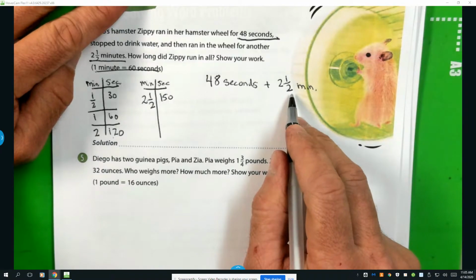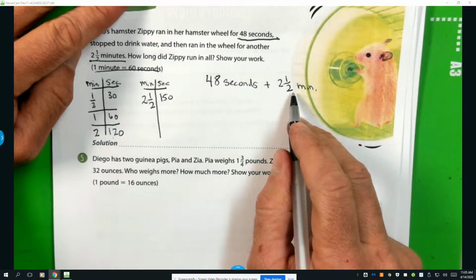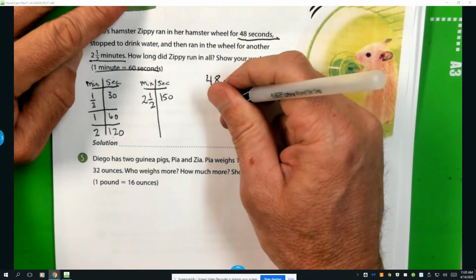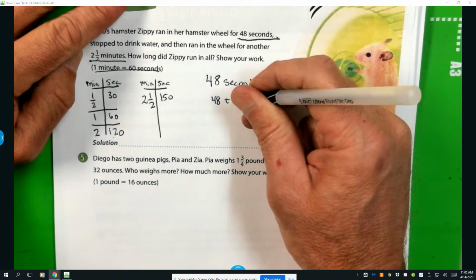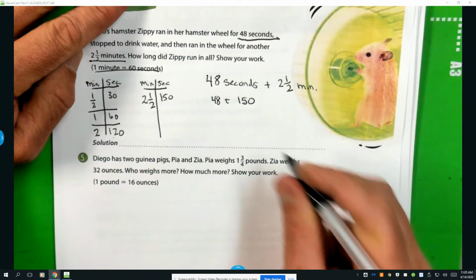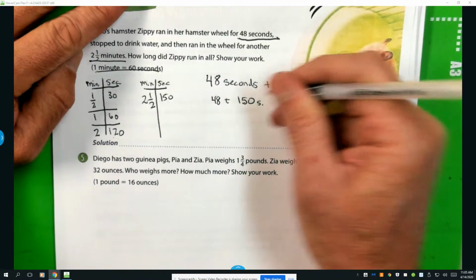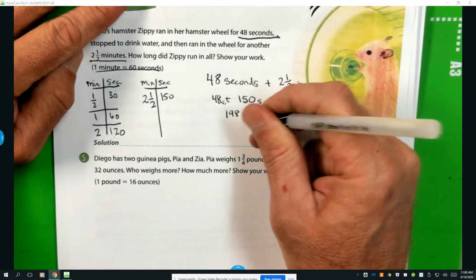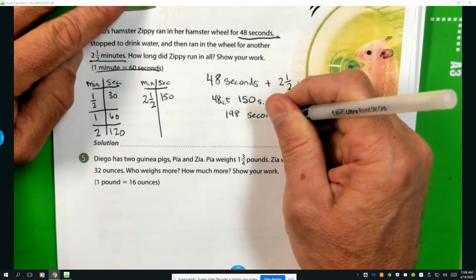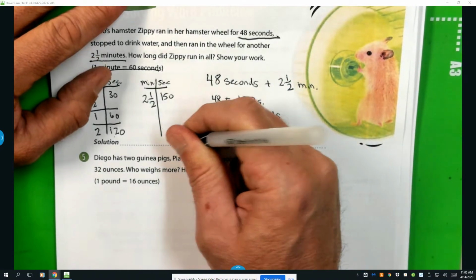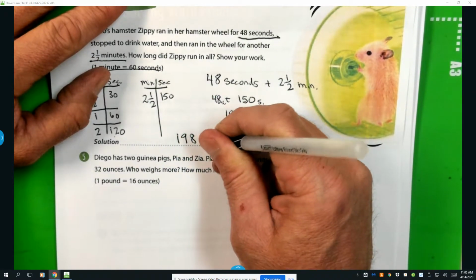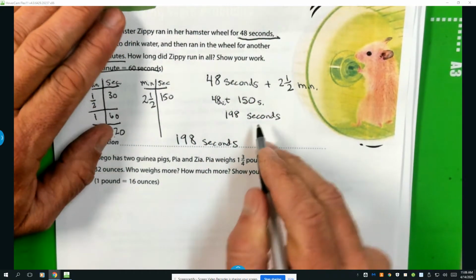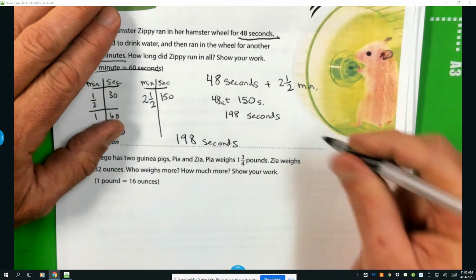I'm going to turn the 2.5 minutes into seconds. That's kind of the easiest thing for me. So I can say 48 plus 150 seconds. That's going to be 198 seconds. There's one of my answers, 198 seconds. Now, if I wanted to know how many minutes that is, all I've got to do is divide it by 60.